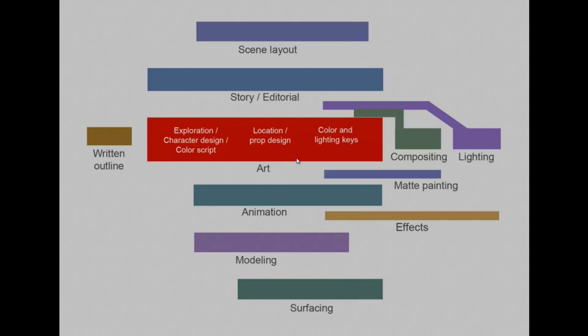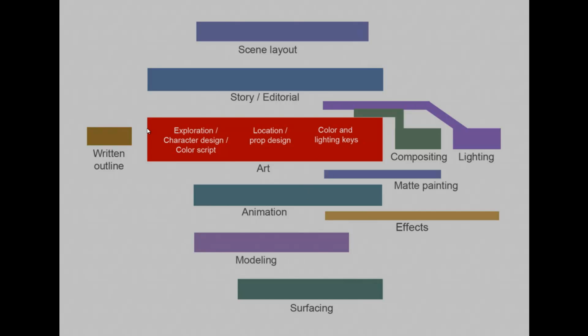And then once the design and the development process is completed, then artists do color and lighting keys, sketches and paintings that are meant to look like a finished frame of the project, so it can be handed to the final departments where the lighting department lights up the digital set which has been composited to make those scenes look just like you as the artist have laid out in your color and lighting keys.